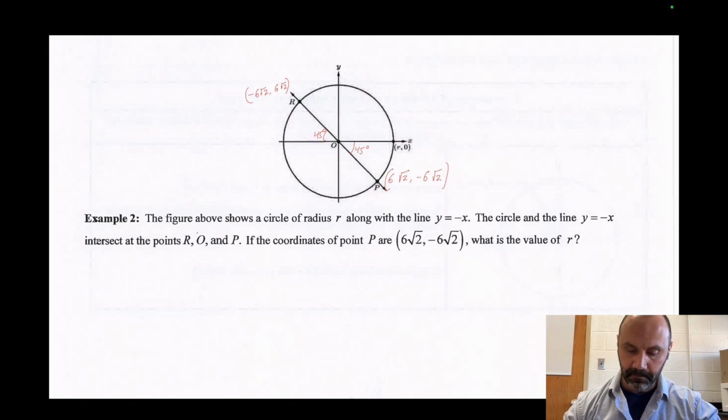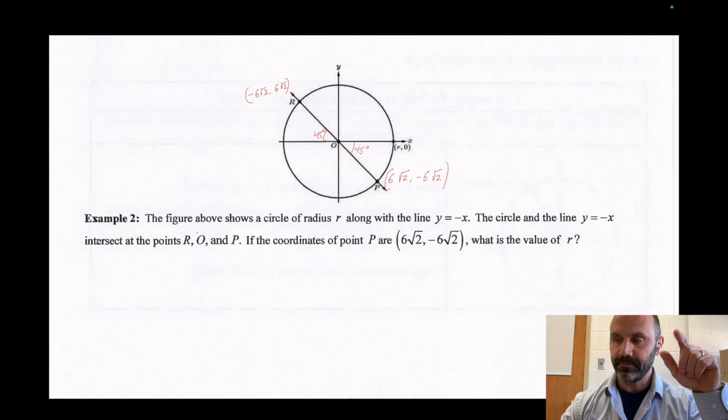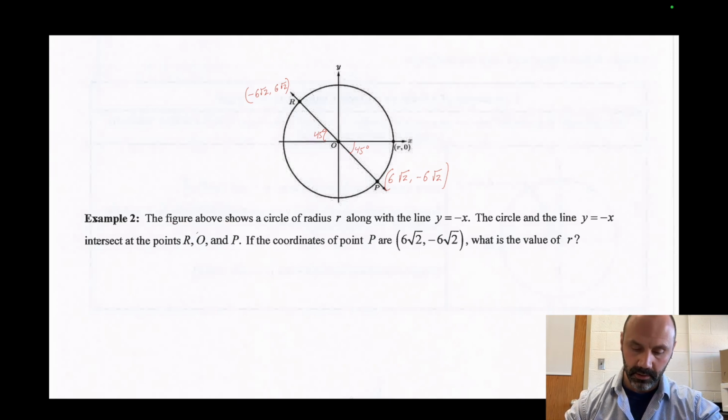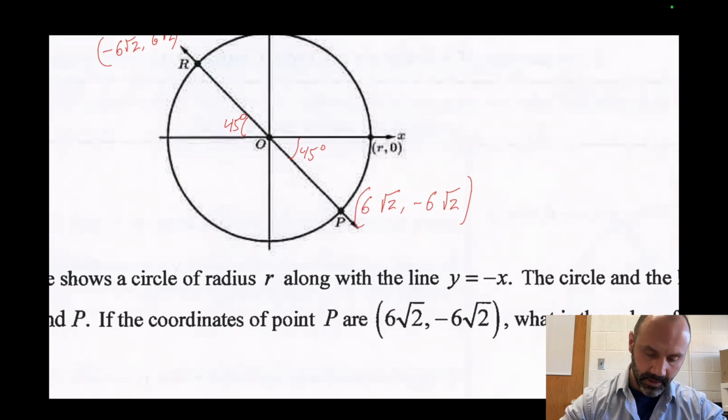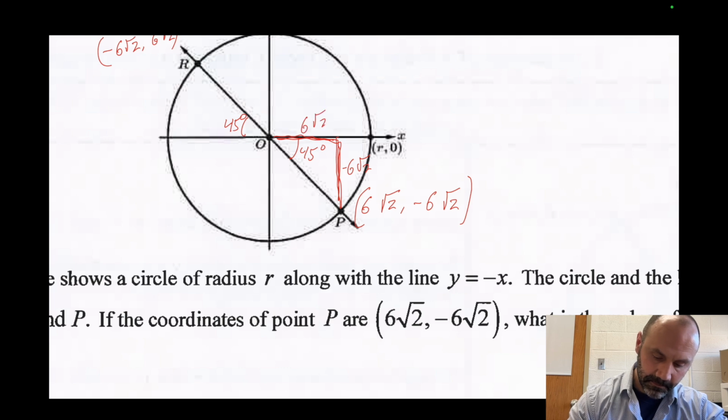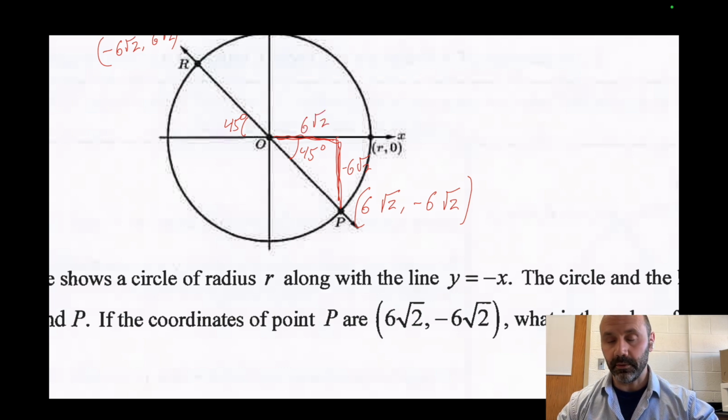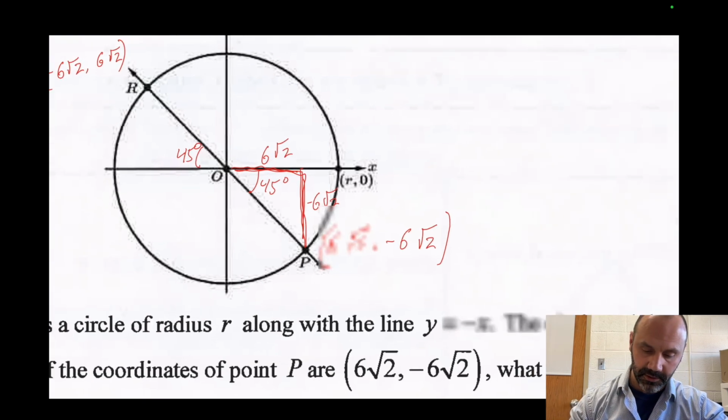So we saw from the previous unit, I'm jumping ahead of myself, we can treat this as a right triangle, with sides 6 root 2, negative 6 root 2, and this is 6 root 2. So I can use the Pythagorean theorem to figure this out. It feels like it's going to get really messy, but it's actually not.